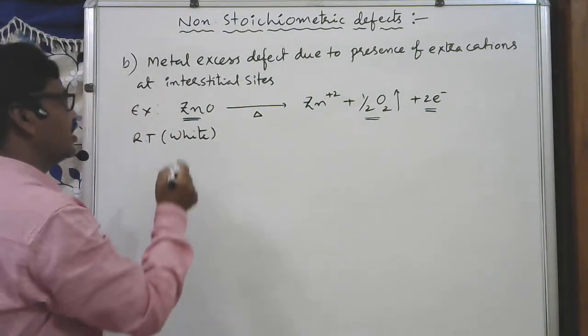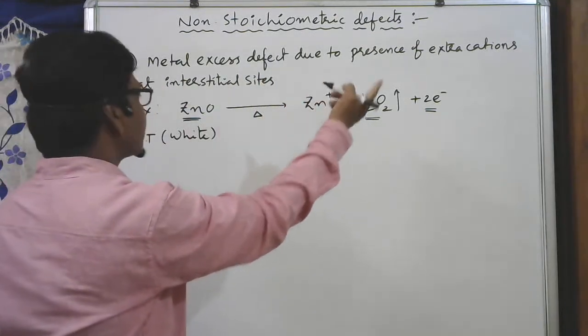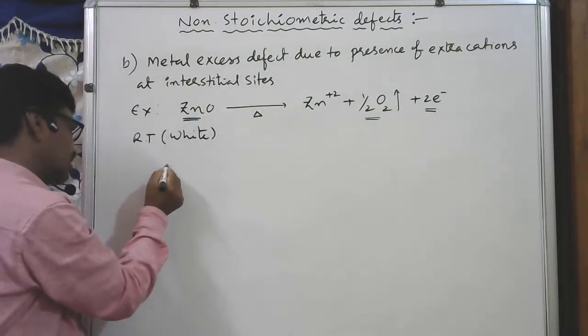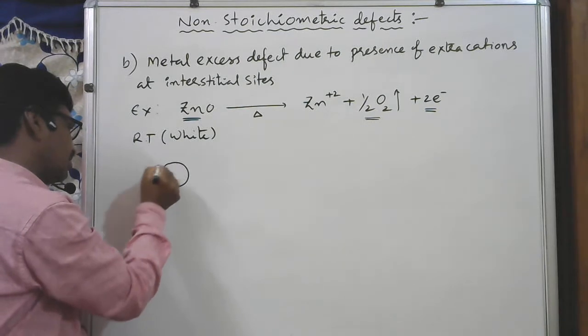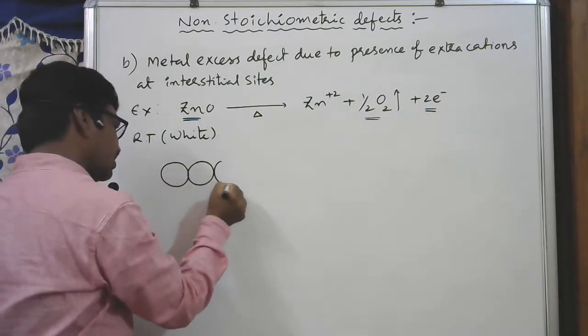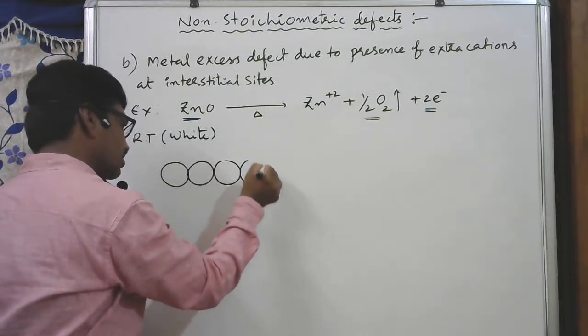See here how the presence of extra cations at interstitial sites arises; I'll discuss it here. By giving this rough figure, for example, this is zinc plus 2 ion, this is oxygen, this again zinc plus 2 and this is oxygen.